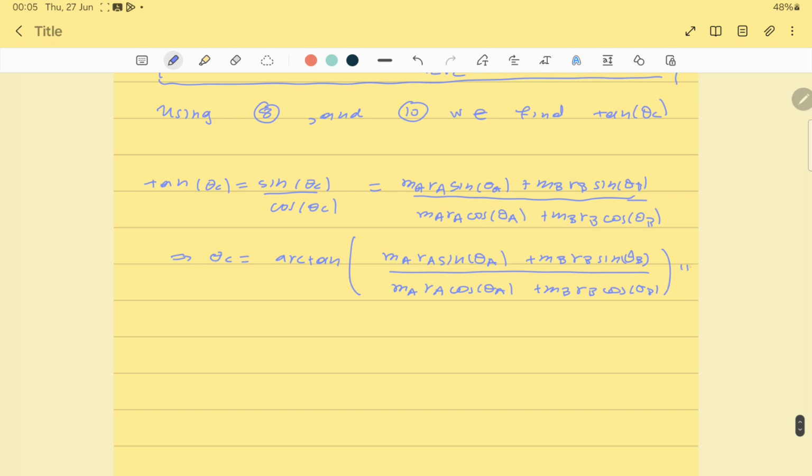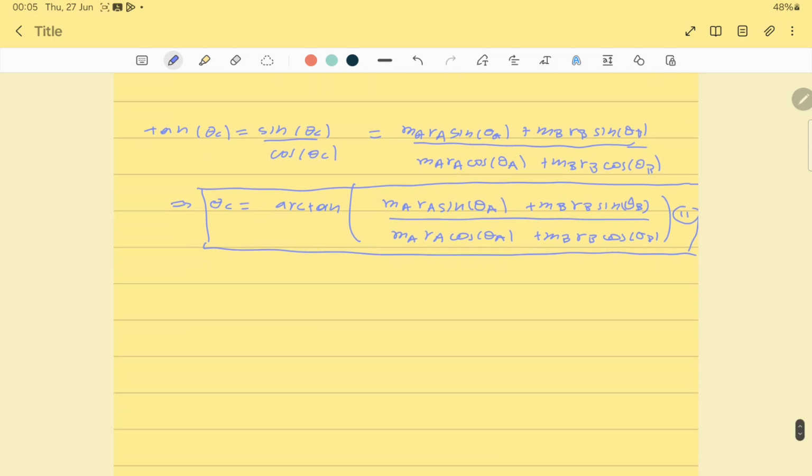So this is formula 11. Now we will use this formula to calculate what is theta C. So what we do is substitution.